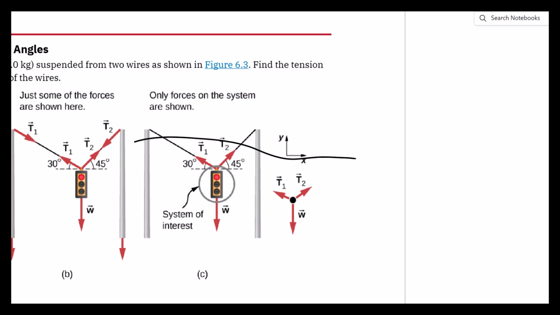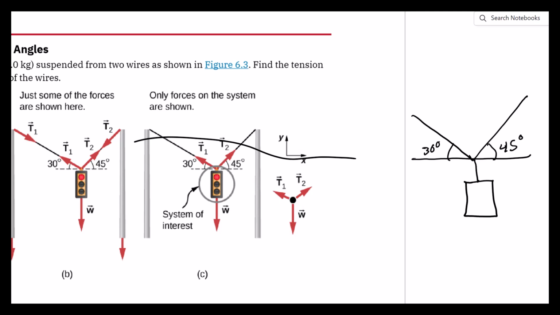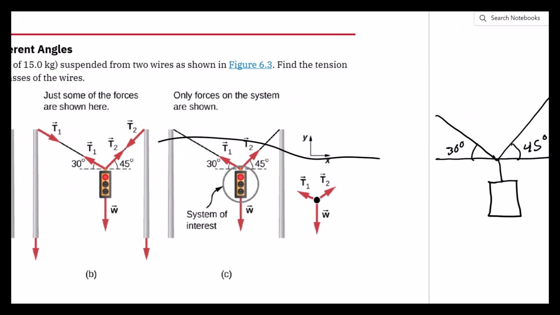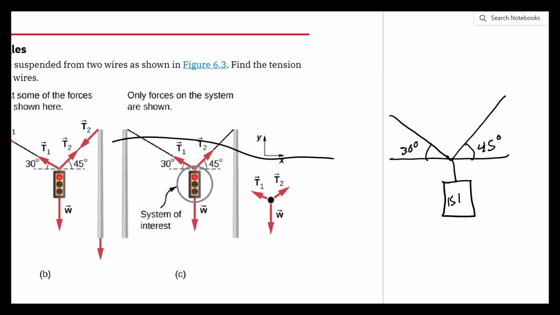I'm going to draw something here even though it's not in the picture, just to mess with you on purpose. And then this is 30, and this is 45, and the mass was 15 kilograms.